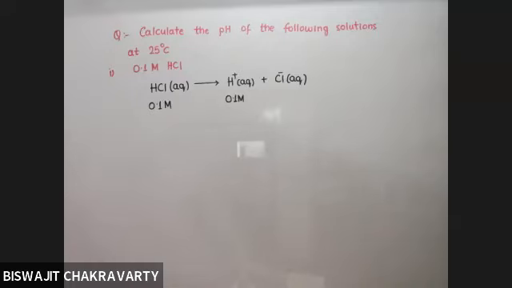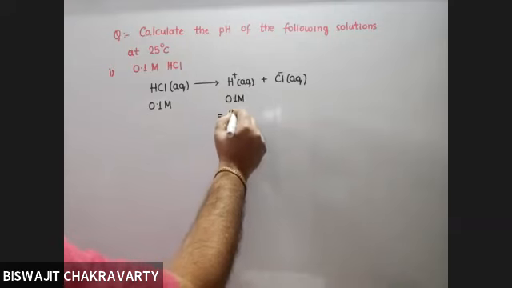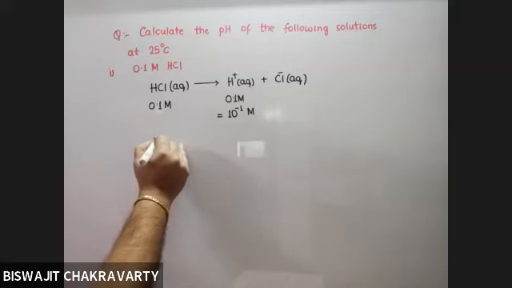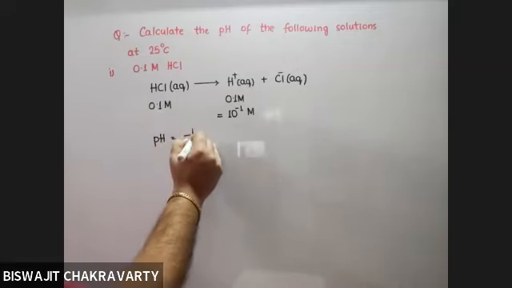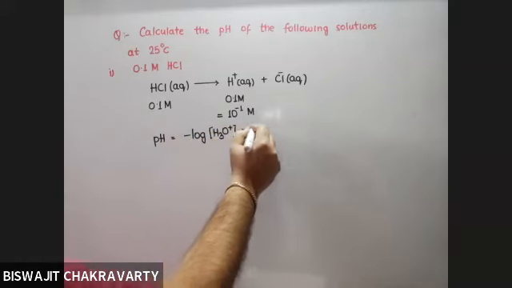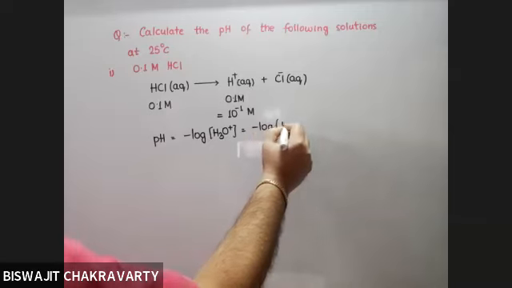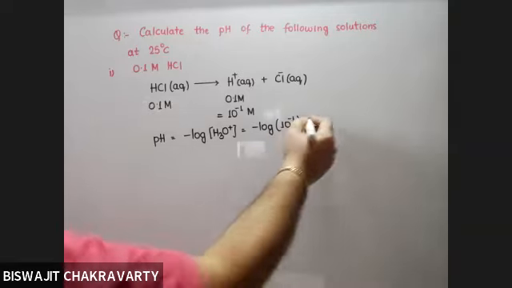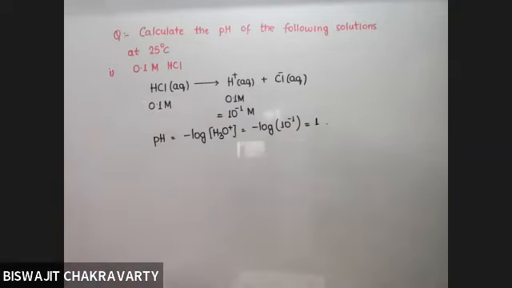So pH has directly to do with H plus. So we take it in exponential form, 10 to the power minus 1 molar. So pH, as you know, is minus log of H3O plus concentration. So it will be minus log of 10 to the power minus 1. So what will the answer come out to be? 1. Clear? Yes, sir.